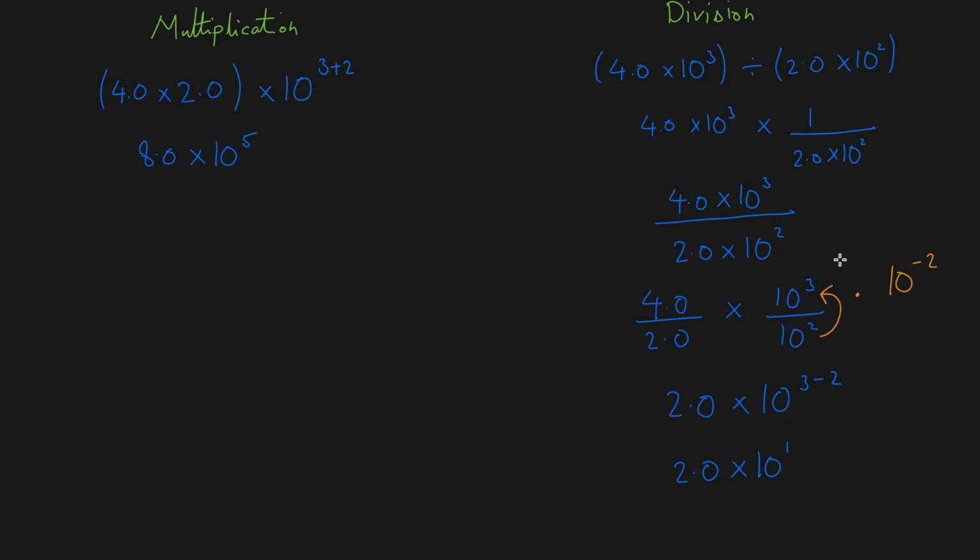So basically in mathematics, when you are dealing with numbers with powers, for example the power of ten here, you'll often find something like 10 to the power minus 3. This basically means 1 by 10 to the power 3. Simple. And if you want to make 10 to the power minus 3, you just shift 10 to the power 3 to the upside and it becomes 10 to the power minus 3.